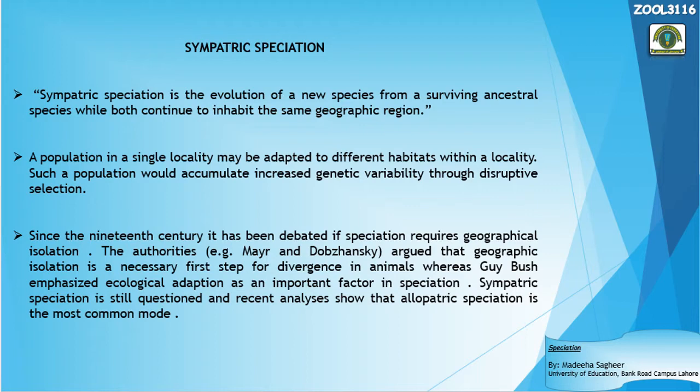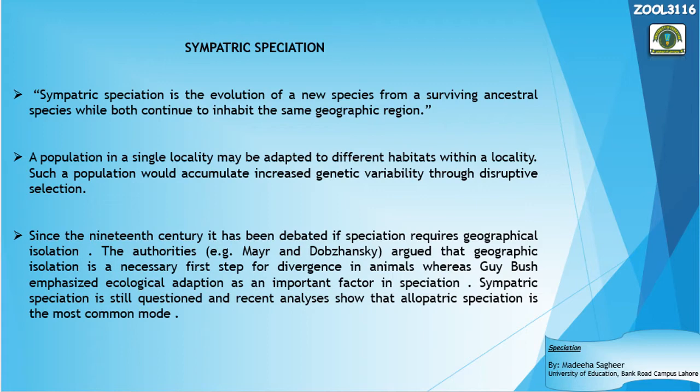In sympatric speciation, speciation takes place within the population of the species that is localized in the same area. There is no geographical separation, no physical barrier between the populations. But what happens is, being present in the same geographical area, they are subjected to reproductive isolation.